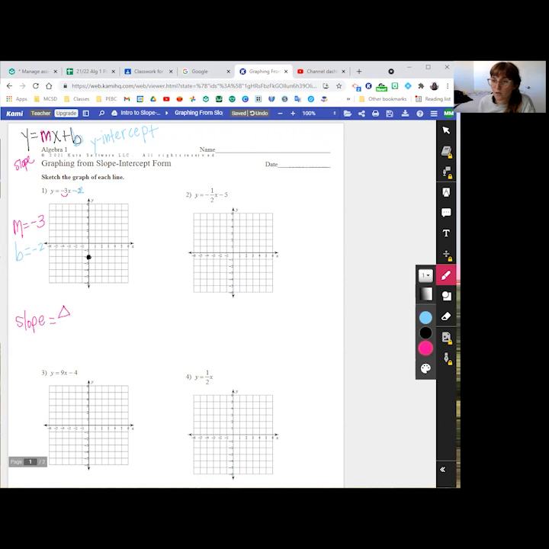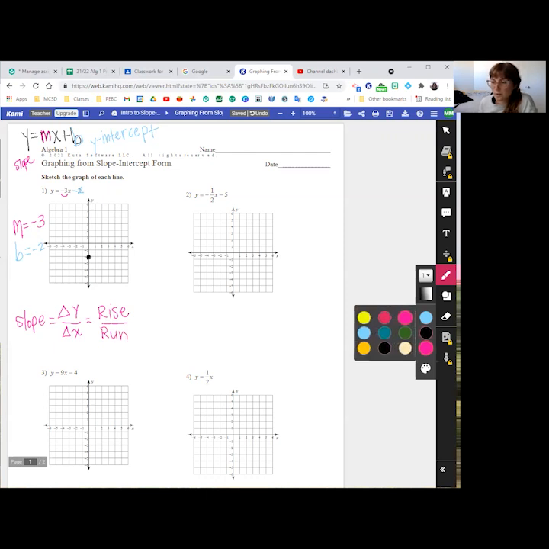That triangle stands for change in y over the change in x. Remember, a rate is just two numbers being compared to one another. So we're comparing the change in y divided by the change in x. Another way to think about this is the change in y is our rise, and the change in x is our run.